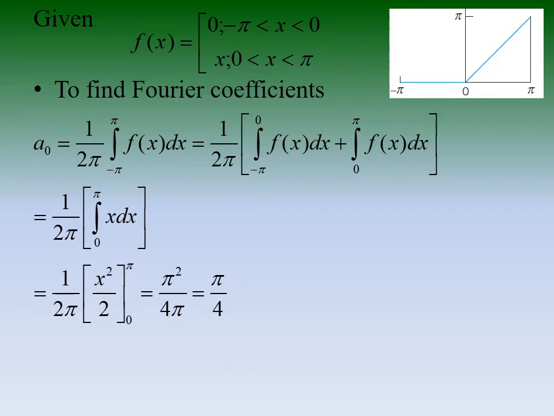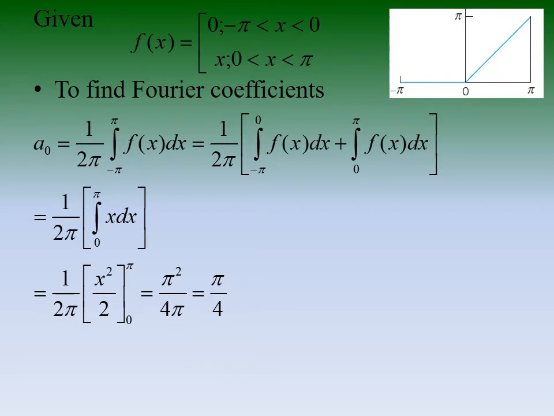Here the integral from minus pi to pi is split into minus pi to 0 and 0 to pi. So it is 1 by 2 pi integral from minus pi to 0 f of x dx plus integral from 0 to pi f of x dx. Here from minus pi to 0 f of x is 0, so we are concentrating on the second part.